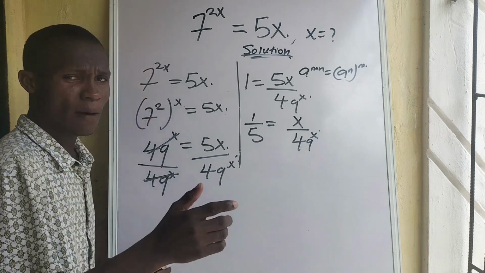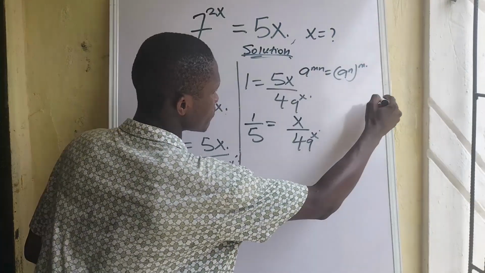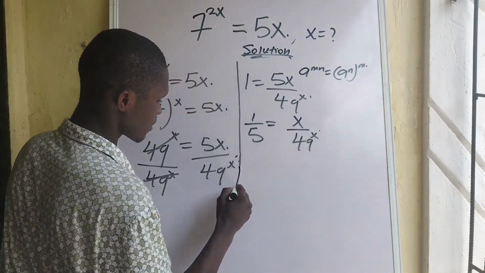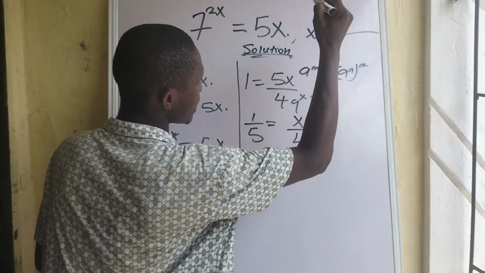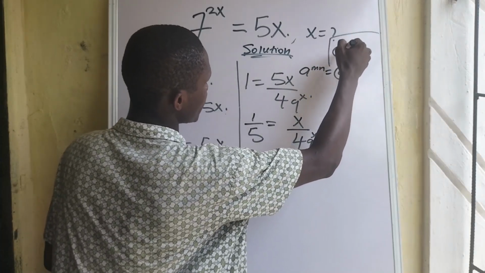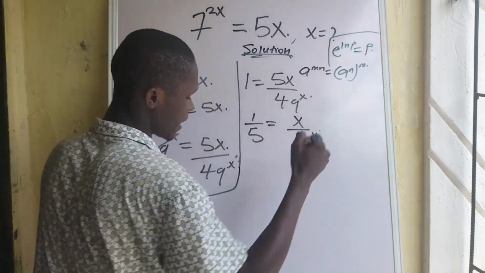I'm going to apply one of the rules from log rules, which says exponential of natural log of p is also equal to p.